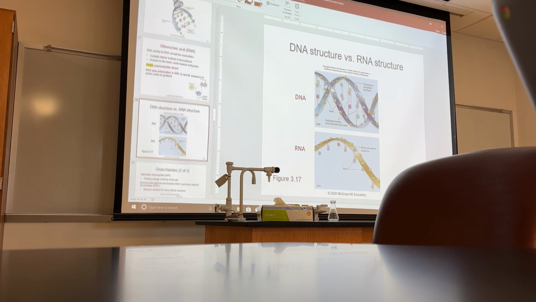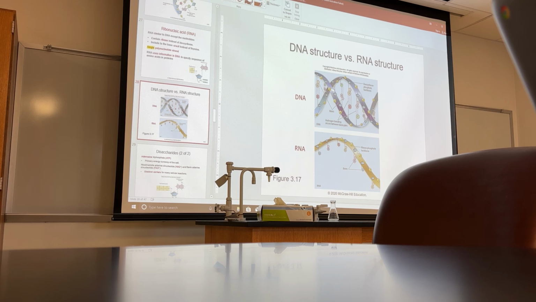Okay. Now there is this linkage between the nucleotides on an individual strand right here. This is 1 strand. This linkage between this nucleotide and this nucleotide on the same strand.